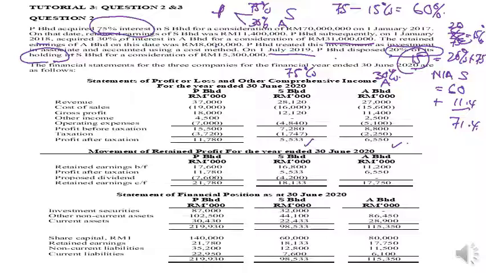For question 2 here, P acquired 75%. Okay, P acquired 75% interest in S. Considerations paid here is 70 million on 1st of January 2017.